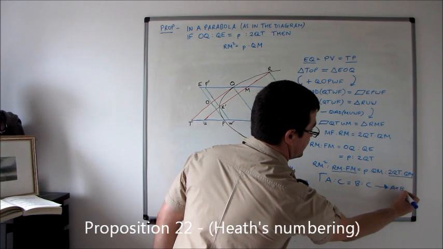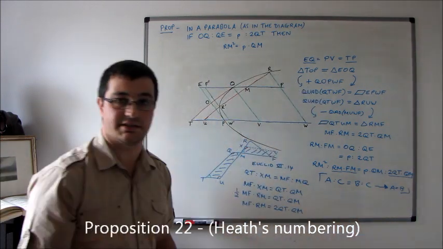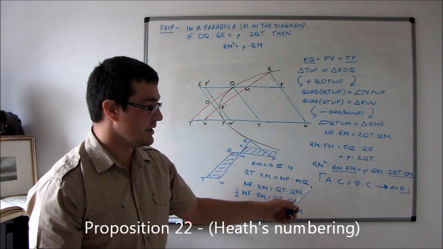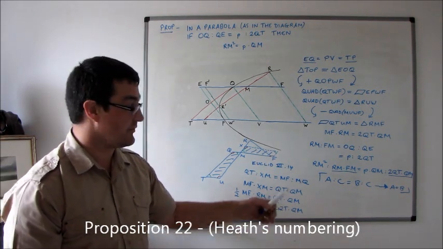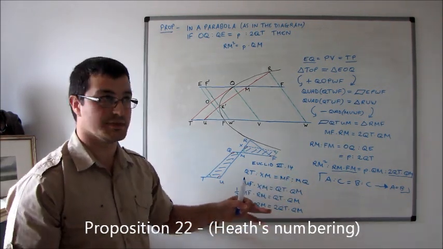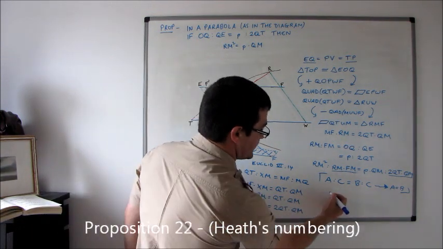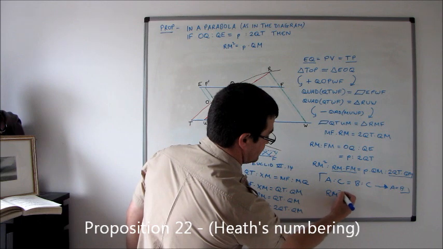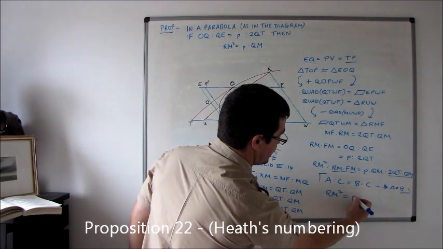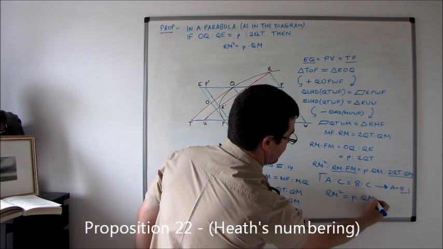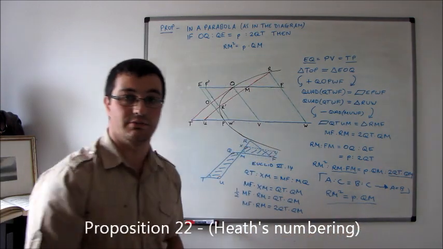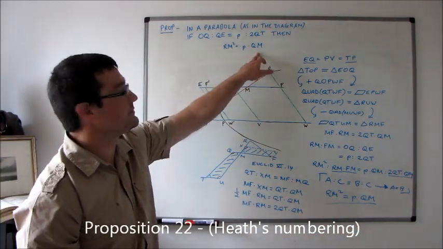A equals B. I can't remember the exact number of the proposition. I imagine it'll be somewhere in book 5. So that means that RM squared must be equal to P times QM, which is exactly what we wanted to prove up here.